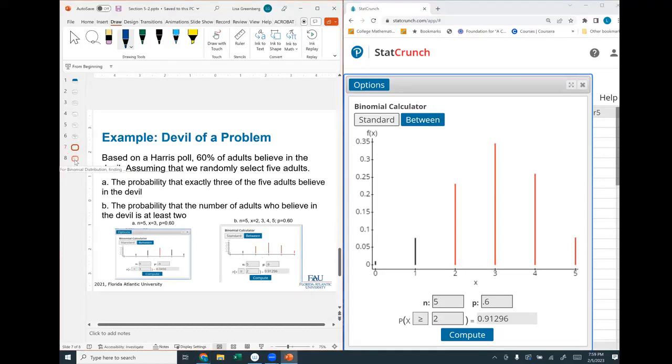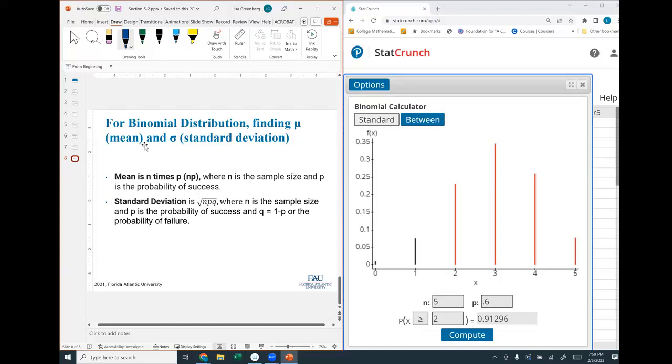And I mean, this is a very short section. I wanted to put this in here because I haven't found anywhere in StatCrunch to work these numbers out. So for binomial distribution, if I want to find the mean or the standard deviation or both, what we do is multiply n, which is the number of trials, right here, n is 5, right?